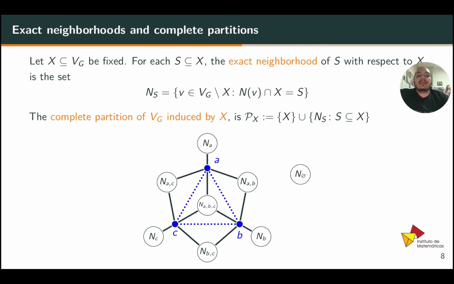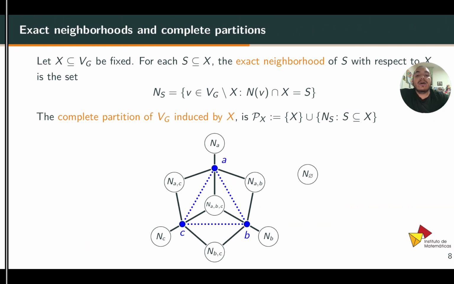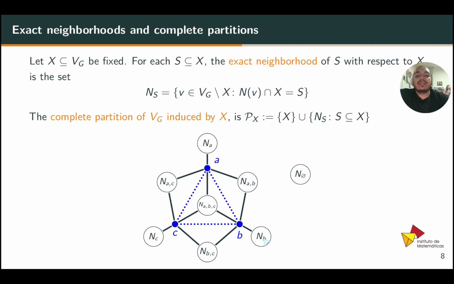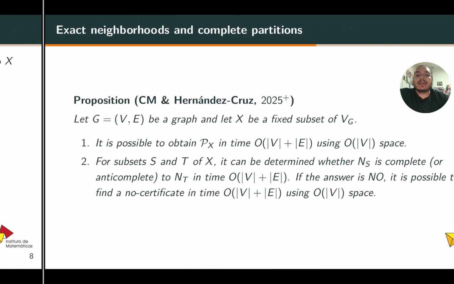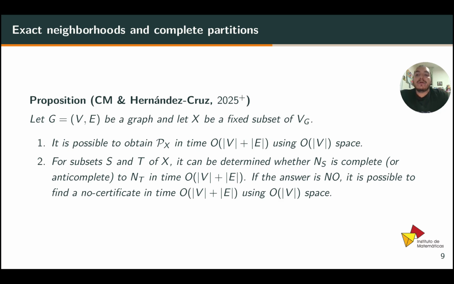Usually when X is small enough, we are going to avoid these brackets, so we have this kind of notation, which is still pretty clear. One important thing about the complete partition is that whenever X is a fixed subset of the vertices of a graph G, we can compute in linear time the complete partition associated to X using only linear space.